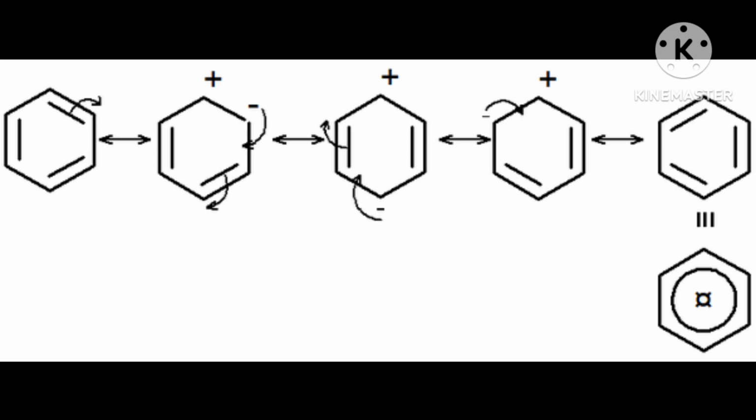And the third condition, a very, very important condition I am telling you, is the presence of 4n plus 2 pi electrons in the ring. Here n is a small n. Total pi electrons should be 4n plus 2.